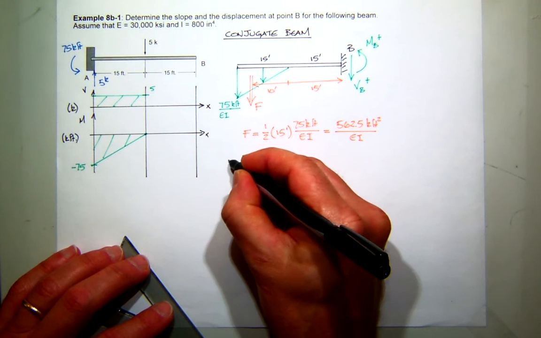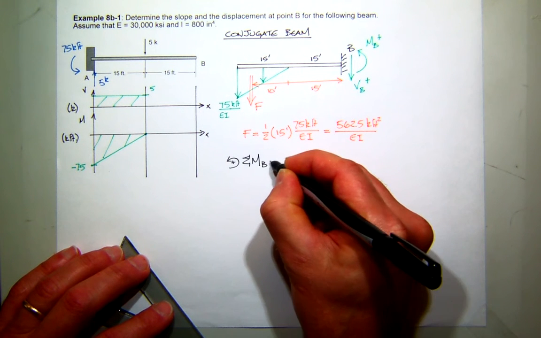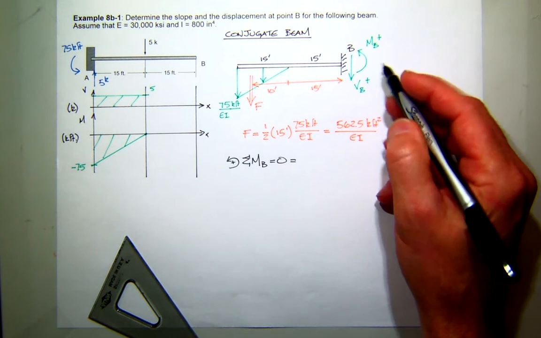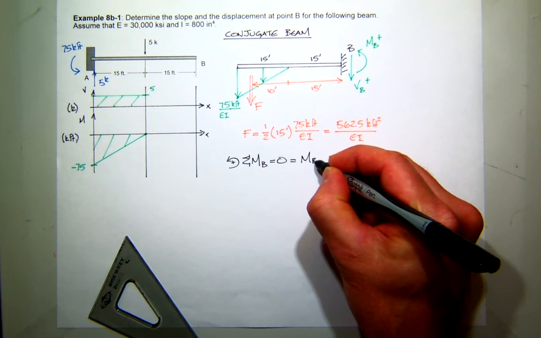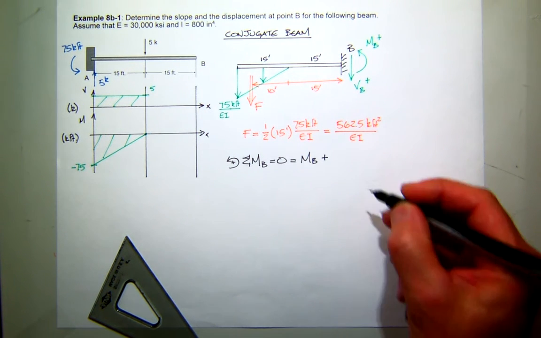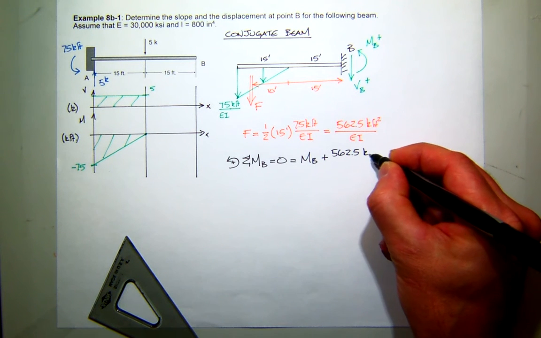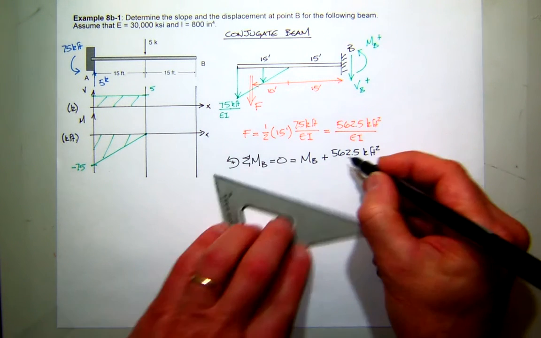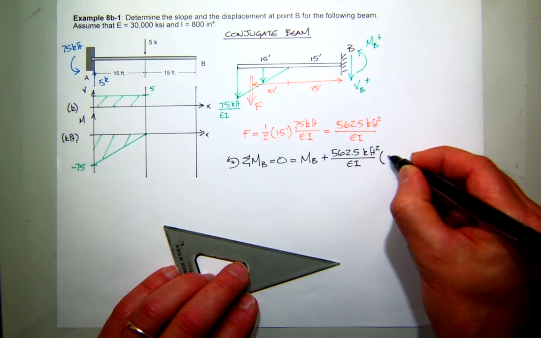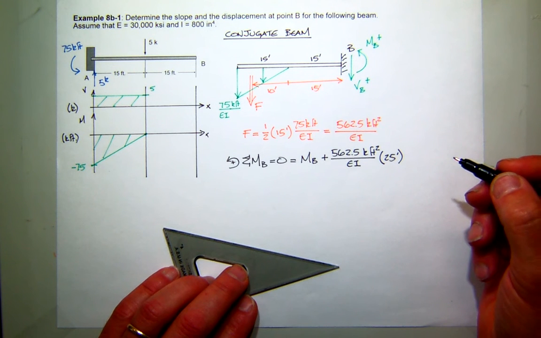Now I'm going to sum moments at B. Make sure it's in equilibrium. Summing moments at B, I've got a positive moment at B. And then my concentrated equivalent force is also creating positive moments. So that would be 562.5 kip feet squared over EI times a moment arm of 25 feet and nothing.